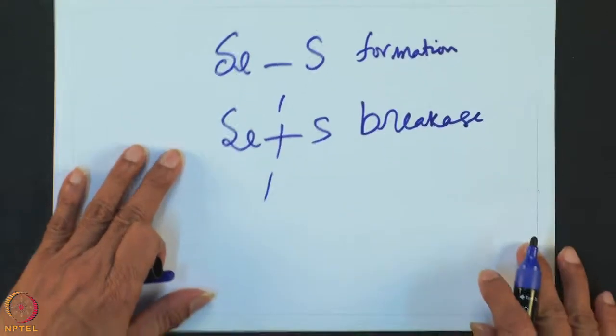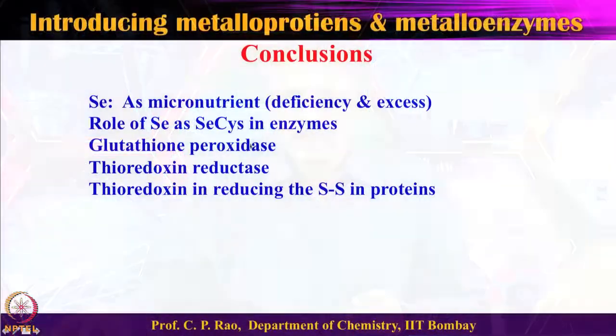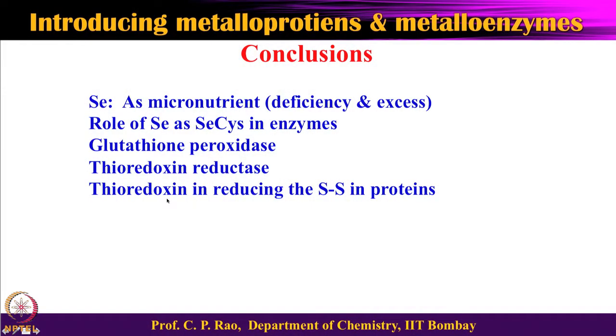This is the main mantra for this entire enzyme. That is where the selenocysteine is working, and the glutathione peroxidase, as I mentioned to you, will act on the H2O2 and make it into water, and I have talked to you that this is coupled with glutathione disulfide or oxidized glutathione.